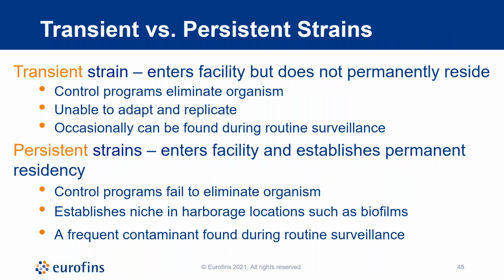Let's talk about transient versus persistent strains. So there is a religious belief out there in the field of food safety that you should never test your highest risk direct product contact surfaces for pathogens. And the argument is if you find pathogen on those surfaces, then the product that was recently processed on those surfaces is potentially also contaminated, resulting in a recall event.